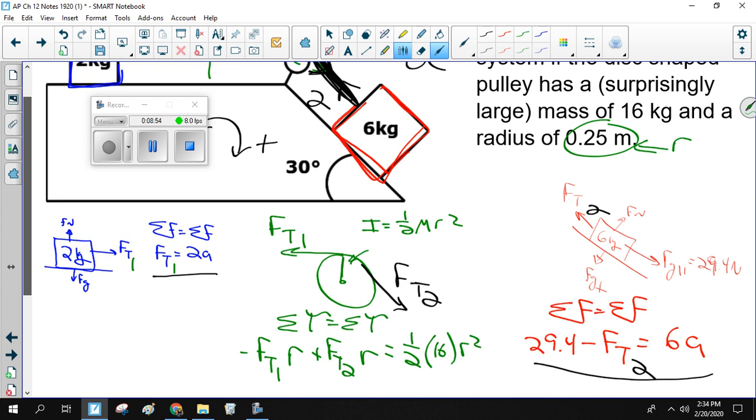The idea is the linear acceleration of a point on the outside edge of the wheel is equal to the angular acceleration times the radius. So the angular acceleration is equal to the linear acceleration of a point on the outside edge of the wheel divided by the radius. So here's my I, and then my alpha is just A over R. Then R squared over R, those cancel, and all of my R's here cancel. So yes, the R's do not matter.